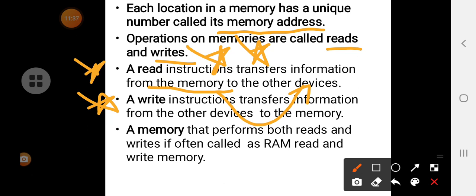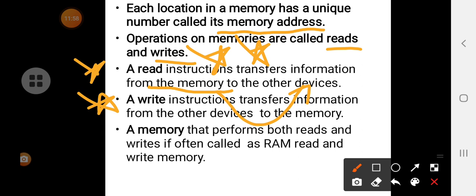That is the read instruction. A write instruction means the information goes from other devices to the memory. Whatever information is on a pen drive, DVD, or CD is transferred from those devices to the memory.